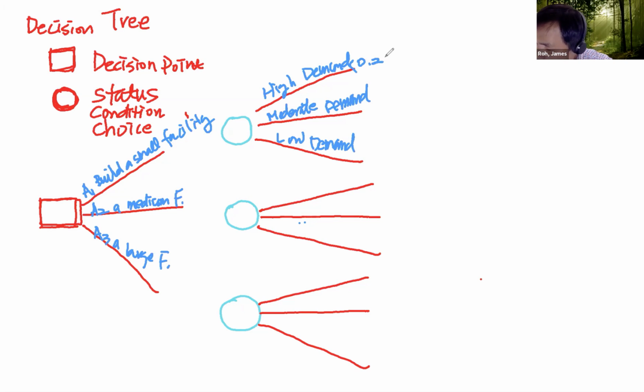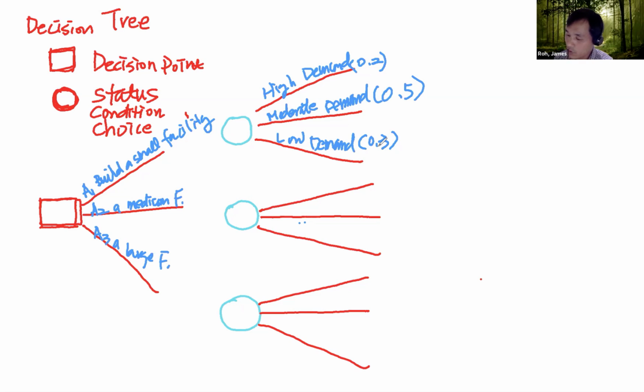So 0.2 is there. And then here we have 0.5 as another probability, and low demand is 0.3, right? So that's what we learned from there. And we say this is a market condition.